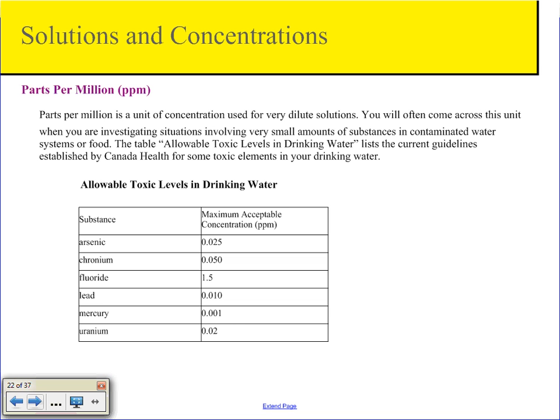So for allowable toxic levels for drinking water, we've got arsenic. The maximum acceptable concentration is 0.025 parts per million, all right? Fluoride, which is something that we do a fluoride wash for teeth and is commonly used in a lot of toothpastes, is actually only 1.5 parts per million. Other than that, it actually does damage to your teeth, as interesting as that is.